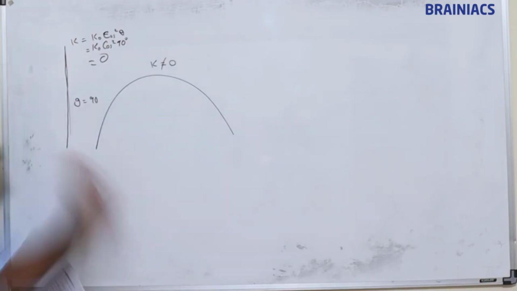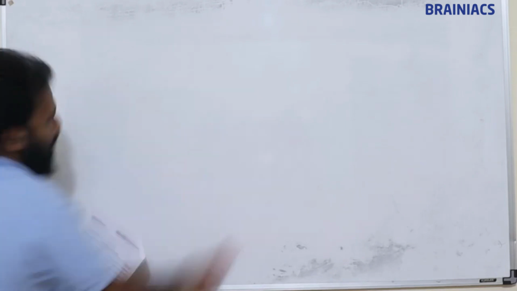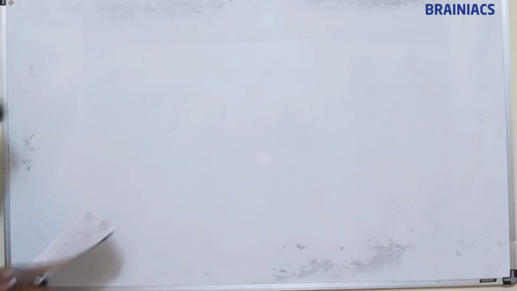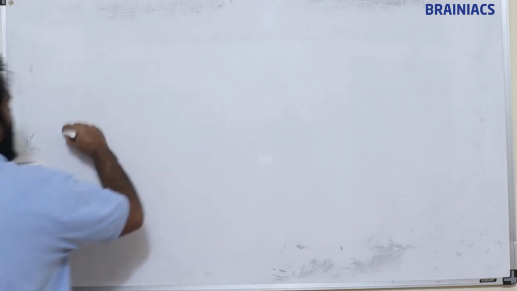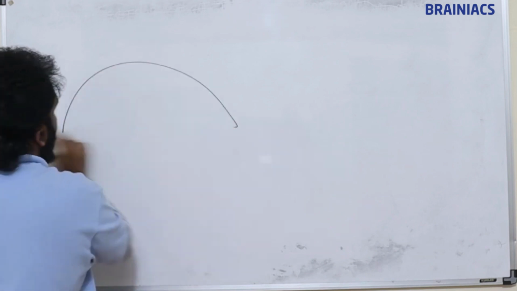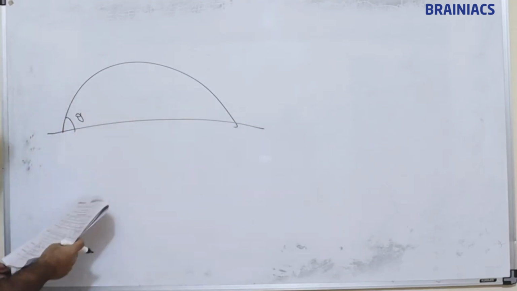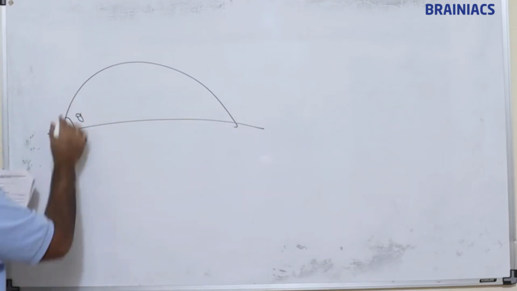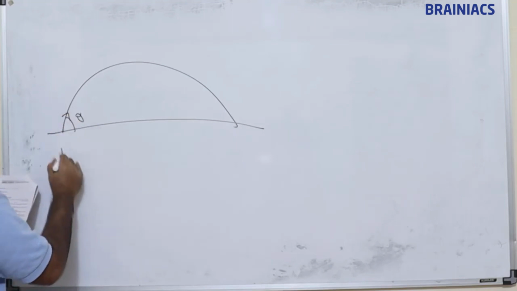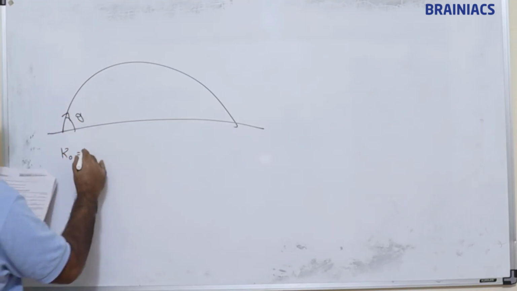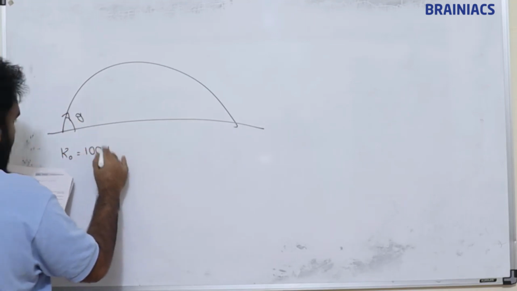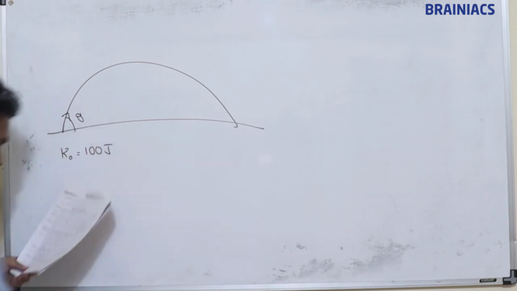The kinetic energy at origin is 100 joule, which is actually the total energy.